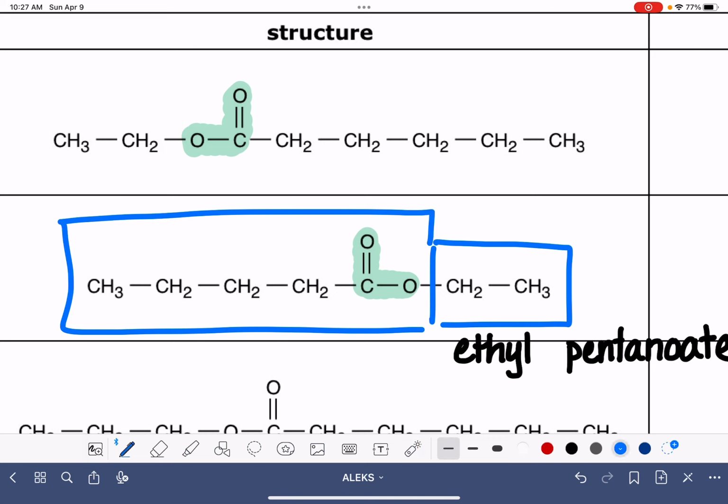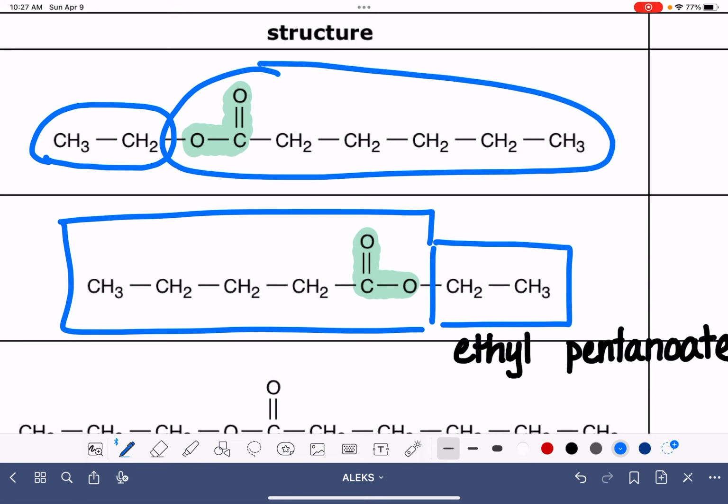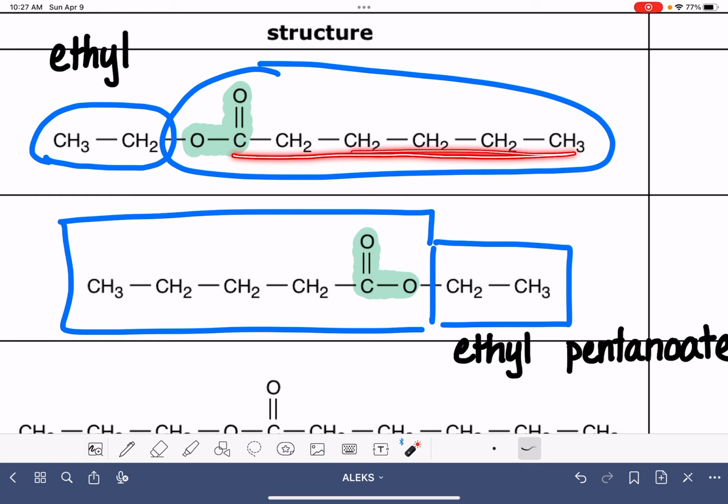So this is one portion of the molecule, and this is the other portion. We name the non-oxygen part first, just like it was a branch, so that is ethyl.